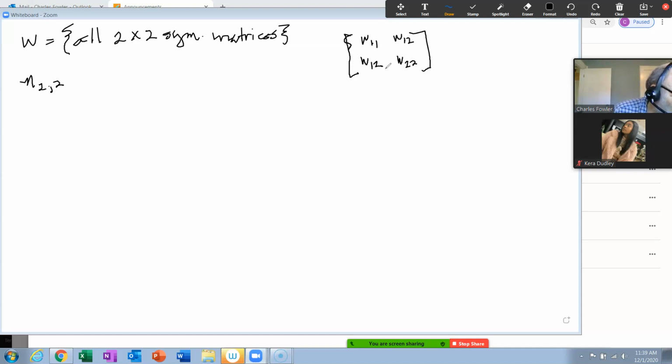Recall that a square matrix is symmetric when it is equal to its own transpose, and obviously this is. W11, W12 is equal to W11, W12, and W12, W22 is equal to W12, W22.